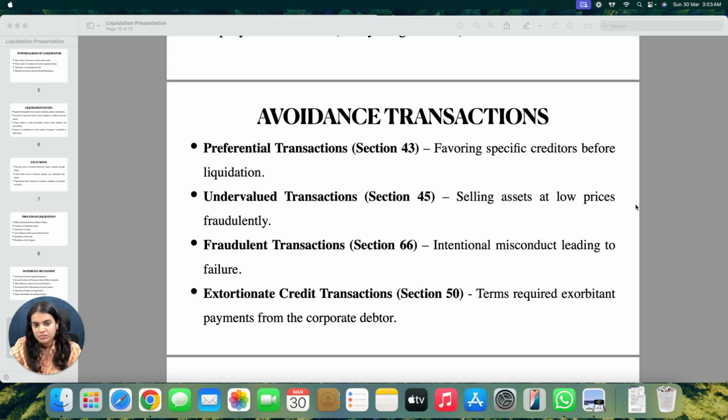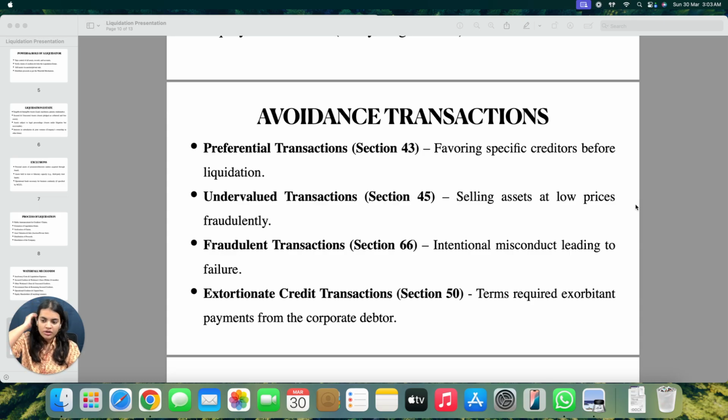Section 43 provides for preferential transactions. What does a preferential transaction mean? It means favoring specific creditors in an order against that provided in Section 53.